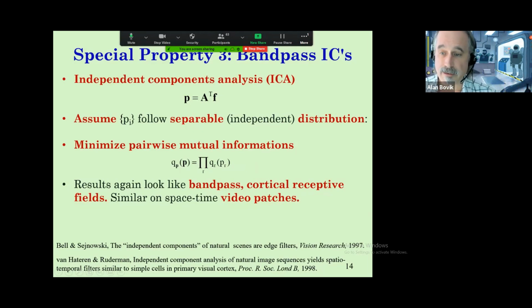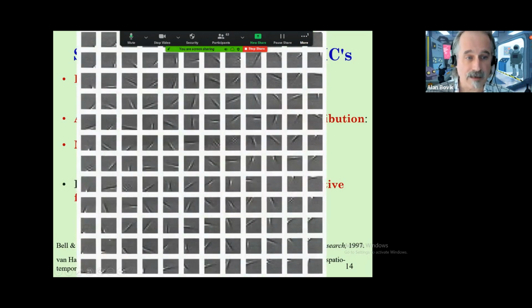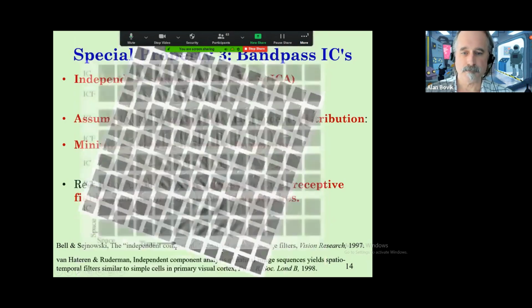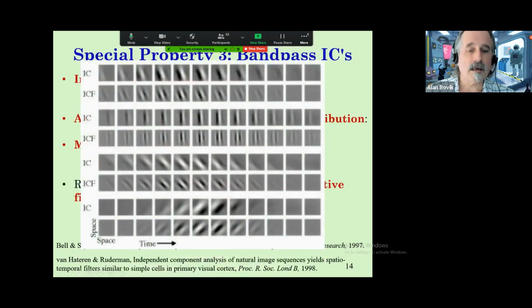What they discovered again was bandpass type signals. The vision system, in trying to find efficiencies when processing specifically video signals, evolved to these kinds of representations, these kinds of filters, okay? Not only in space, but also in space-time.